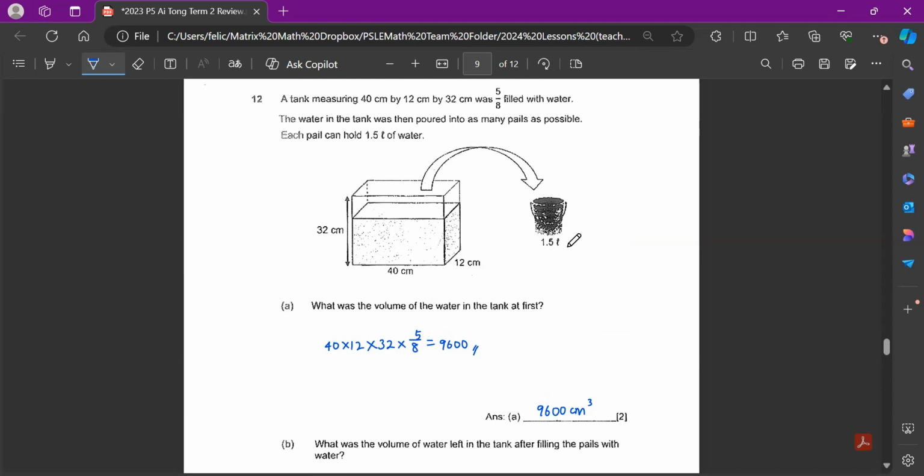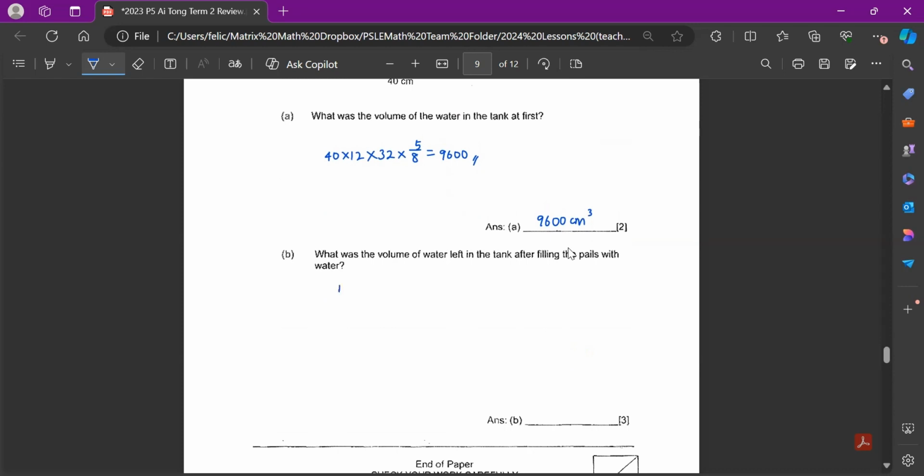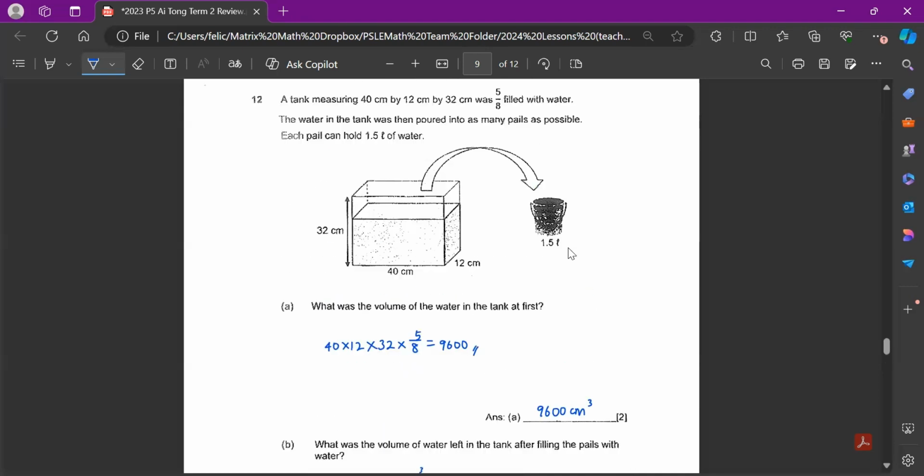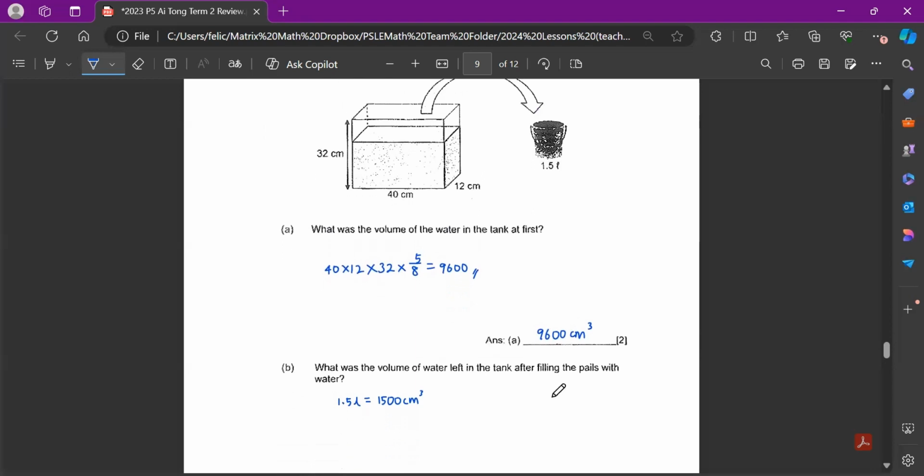Then you can proceed to do whatever you need to do later on. Okay, so 1.5 liters, let's convert to cm3. So 1 liter is 1,000 cubic centimeter. So that means times 1,000. So we times 1,000, this should give us 1,500 cubic centimeter. Okay, so every pail can hold this much water.